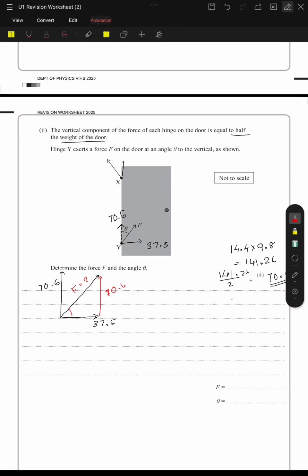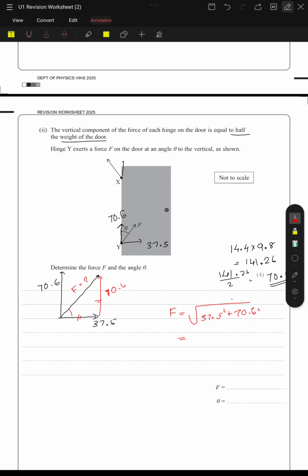So I can do base square plus altitude square. So here we will find the resultant force, like force is equal to root of 37.5 square plus 17.6 square. So you are going to get the value for the resultant force.